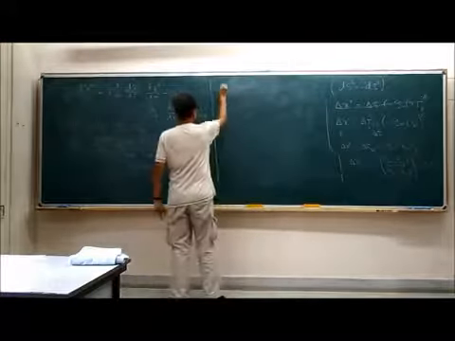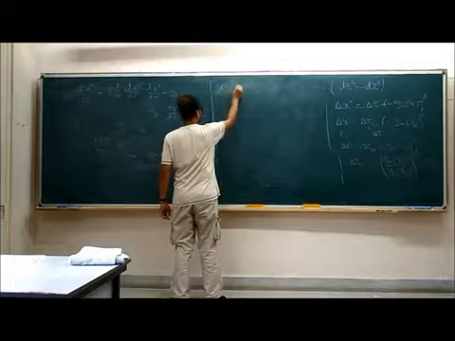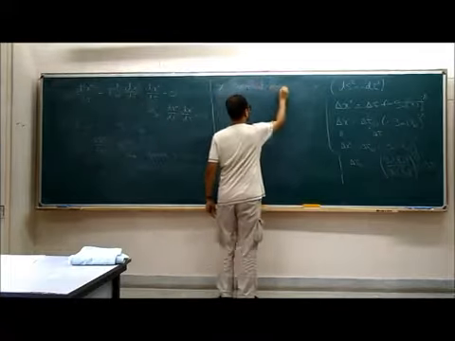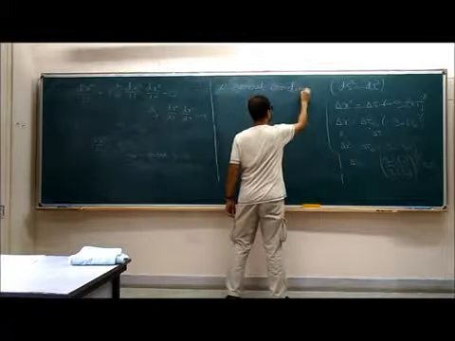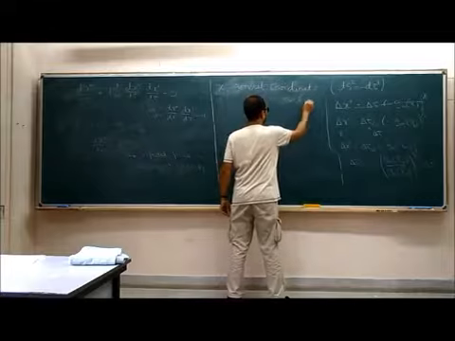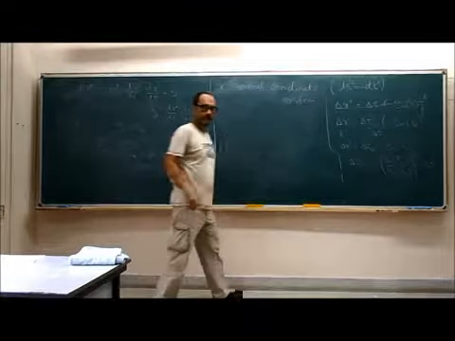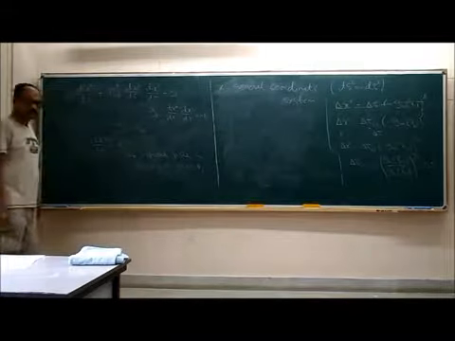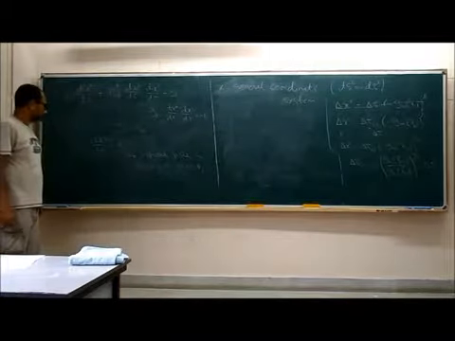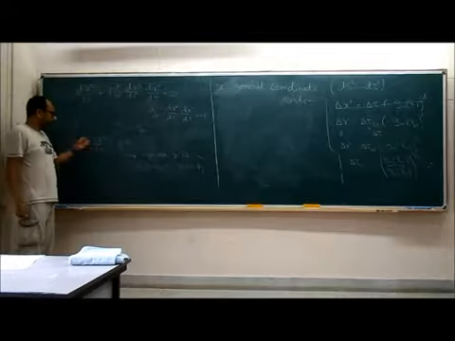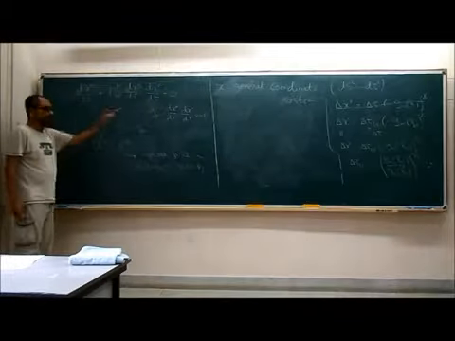So let's suppose x is a general coordinate system. Now the left hand side, we know how to convert from the x prime coordinate to the x coordinate.